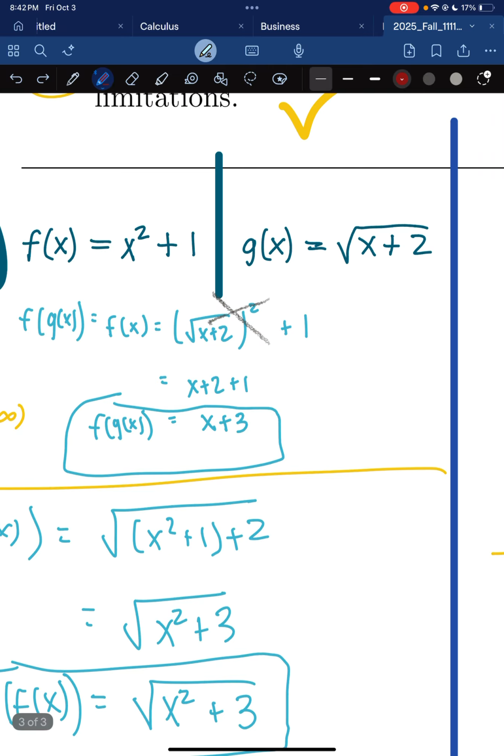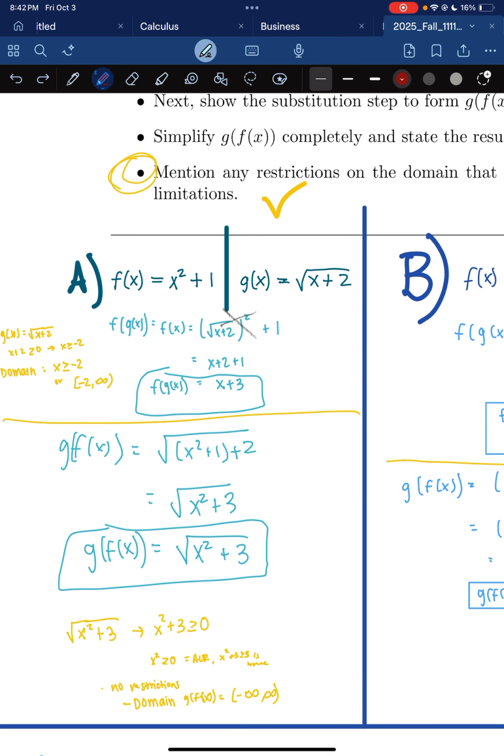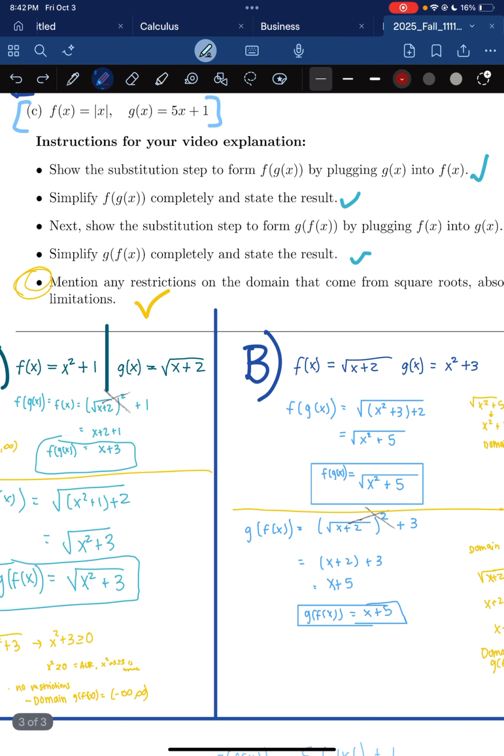So then we're left with x plus 2 plus 1. And we can combine like terms. 2 plus 1 is 3, so we're given x plus 3, which is what f of g of x equals. So that's the simplified result of f of g of x.